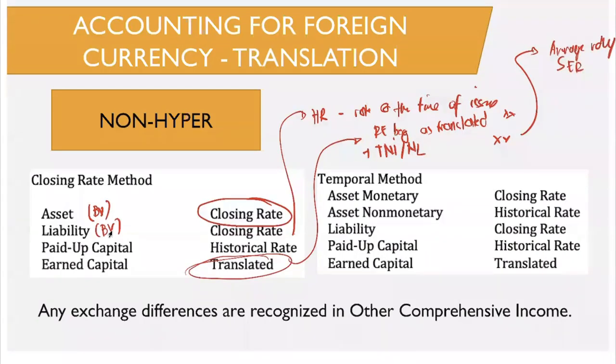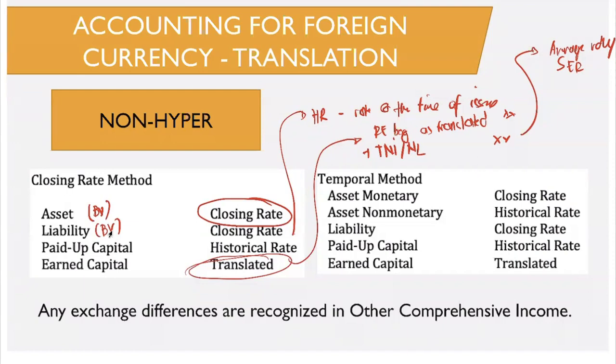Why the average rate? Because normally your income is a series of different transactions. For your different income, profit, or sales, you have different transactions during the year, so it's very hard for us to know each rate per day. For example, every day you have 10 sales and we have 365 days in a year. If we use the spot exchange rate every time we have a sale, that will be too much work for us.